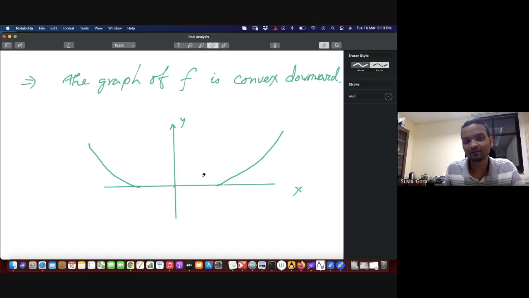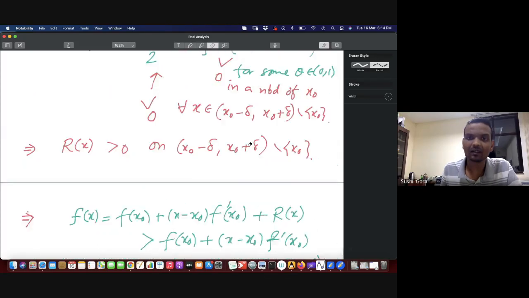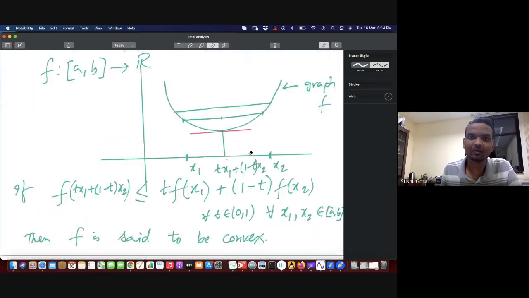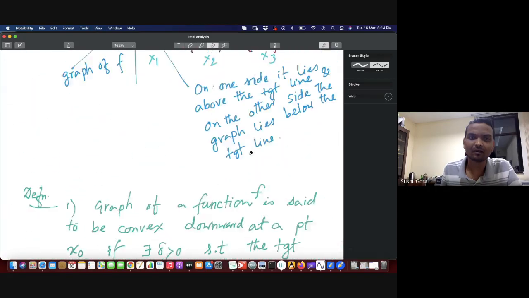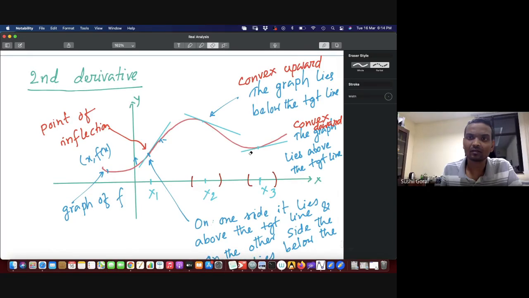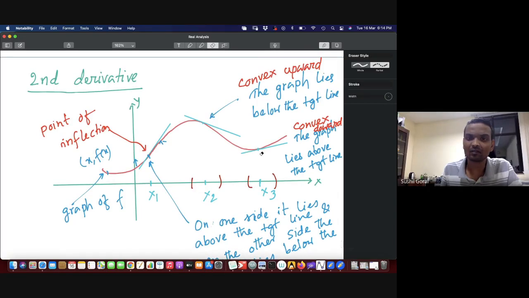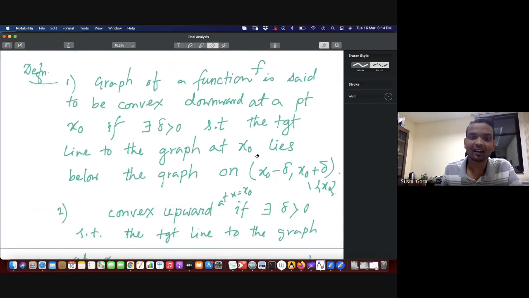Well, actually, what did I say? Convex upward? Let me go to the definition part here. So convex downward is something like this. See here, the tangent lies below the graph.